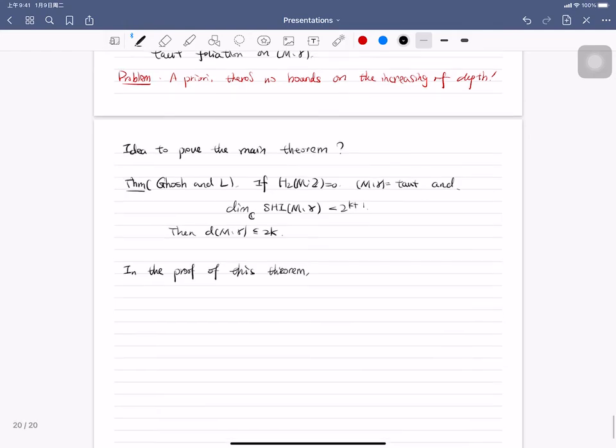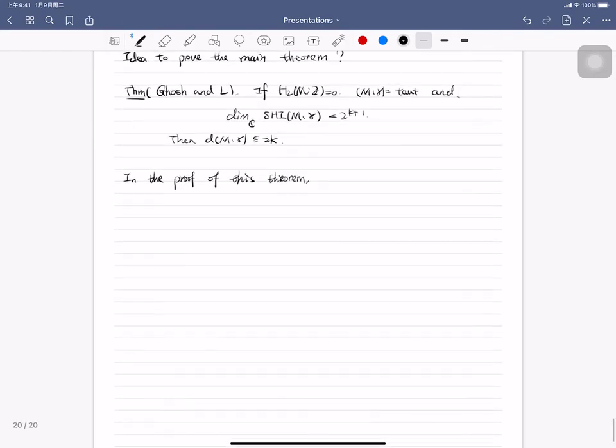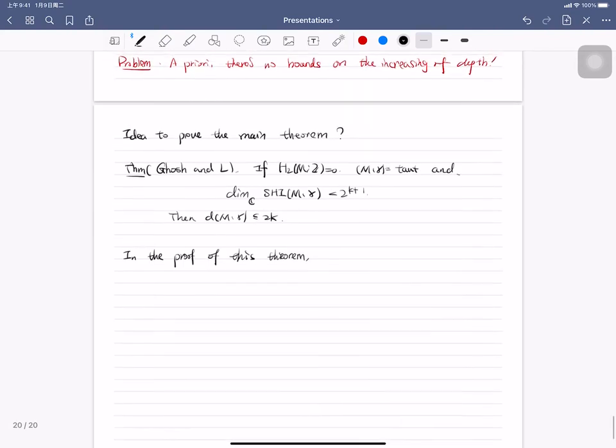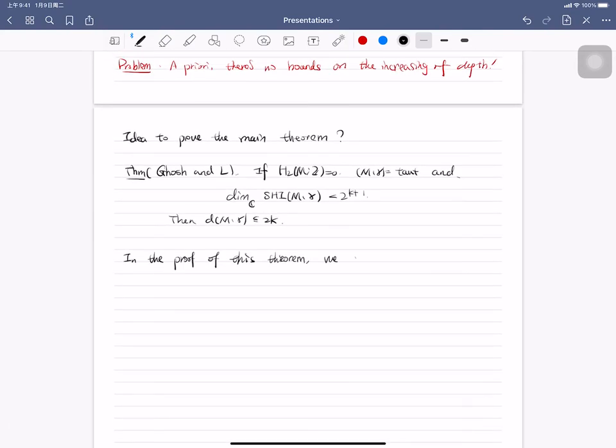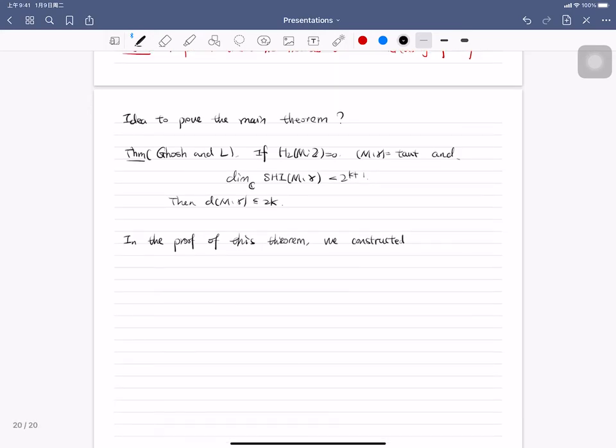So in the proof of the theorem, we constructed a 2k step decomposition, or hierarchy, of this M and gamma.